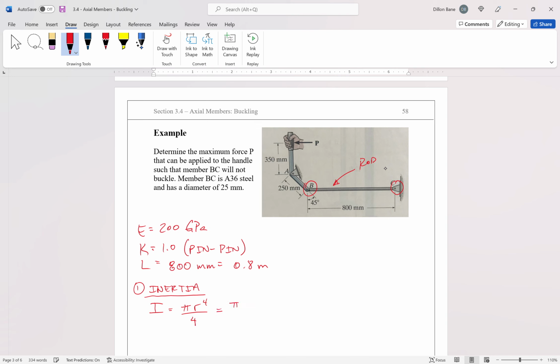So just plugging our numbers in, the radius for this is 12.5 millimeters, and that gets taken to the 4th power. When we do our math here, you get 19,175 millimeters to the 4th power.